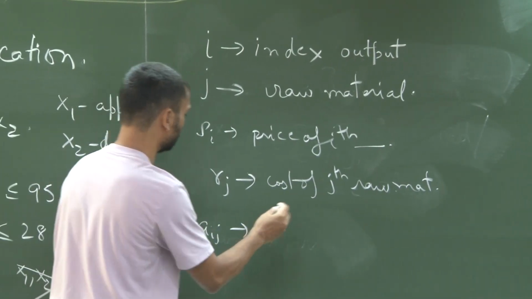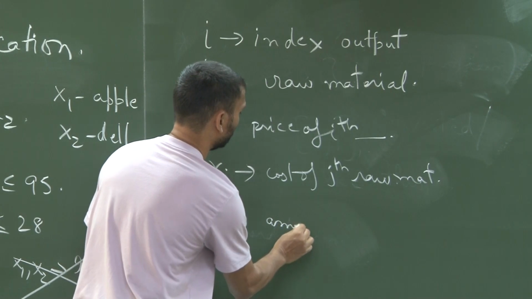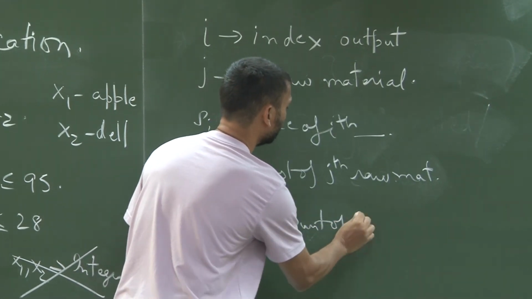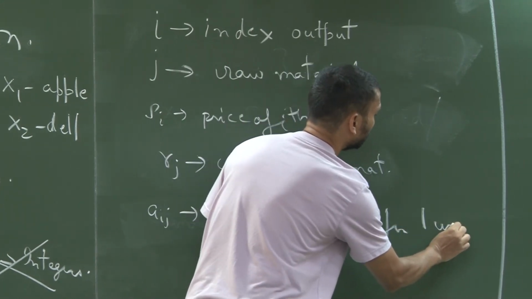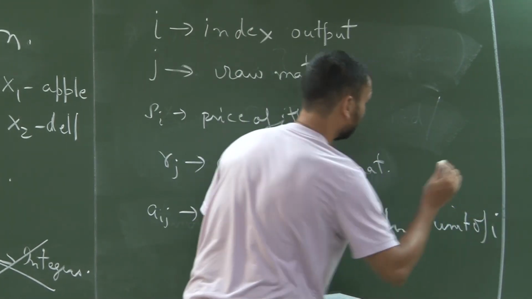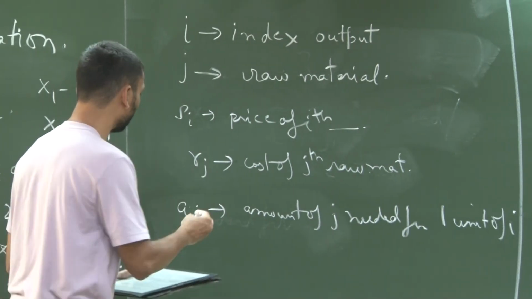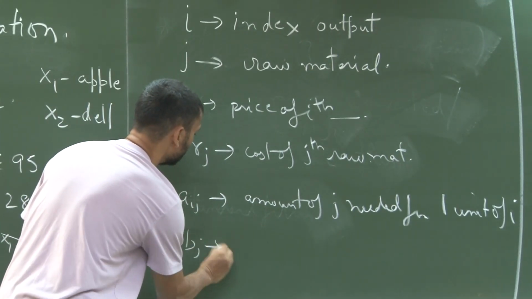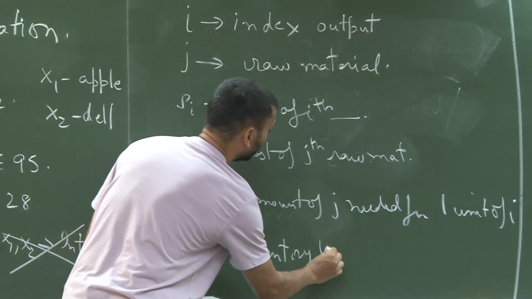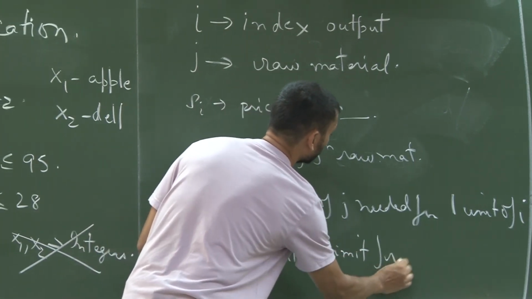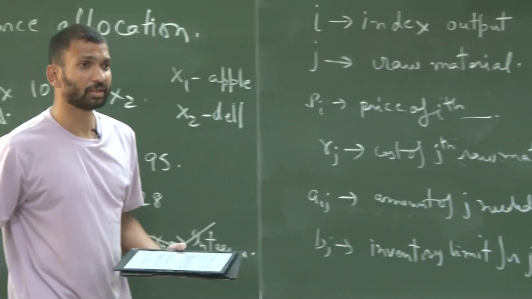Aij is the amount of j needed for 1 unit of i, and Bj is the inventory limit for j. Right?